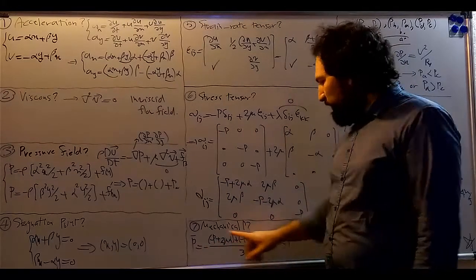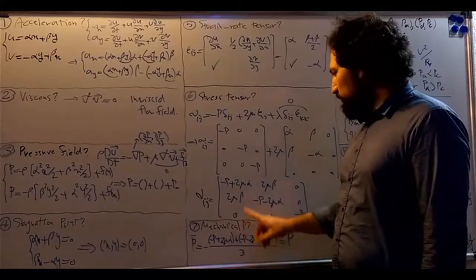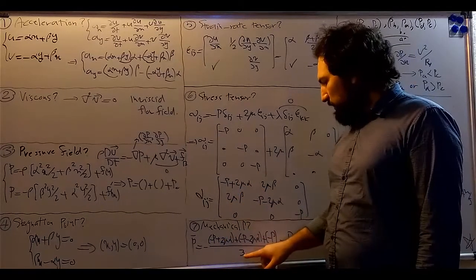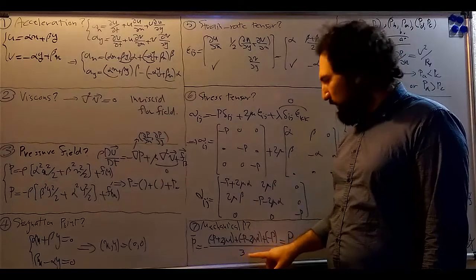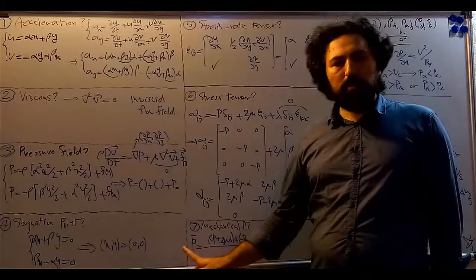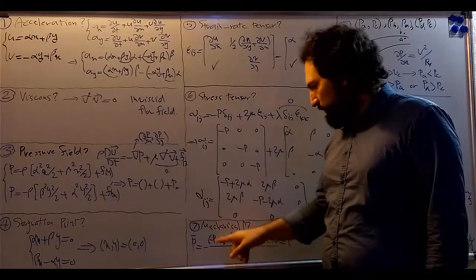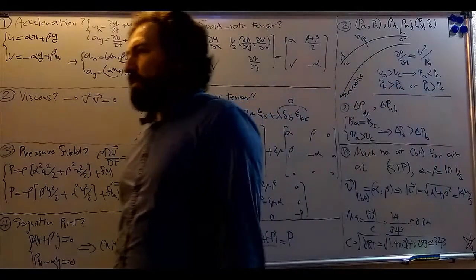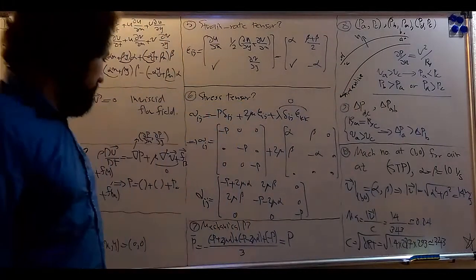So the numerator of this relation shows the trace of the stress tensor, and this 3 here means that this is the average of the diagonal components of the stress tensor, and because it's the mechanical pressure, we have to add a minus sign before it.